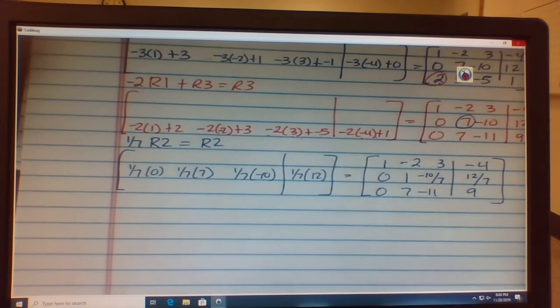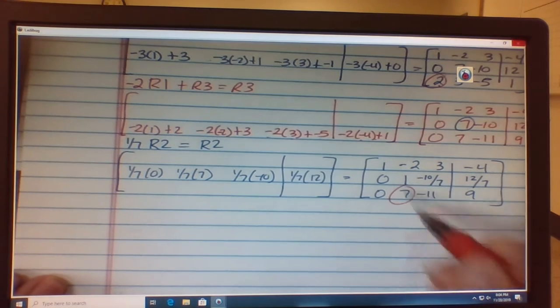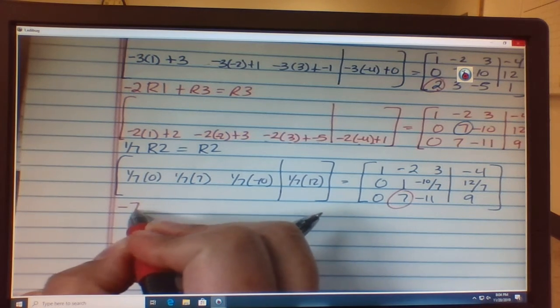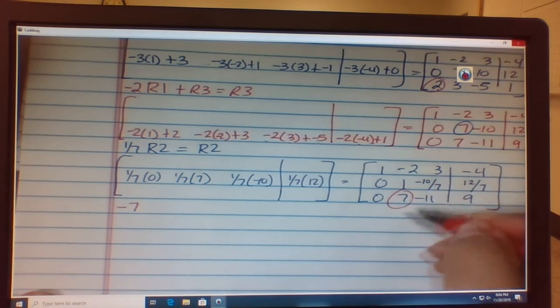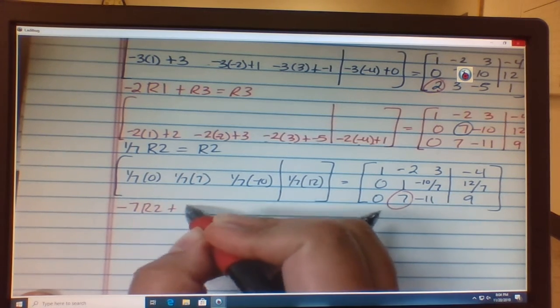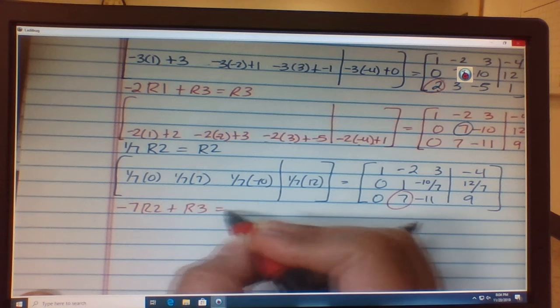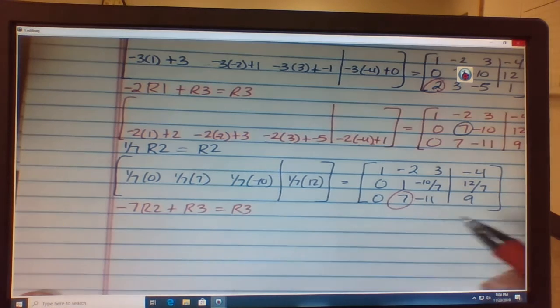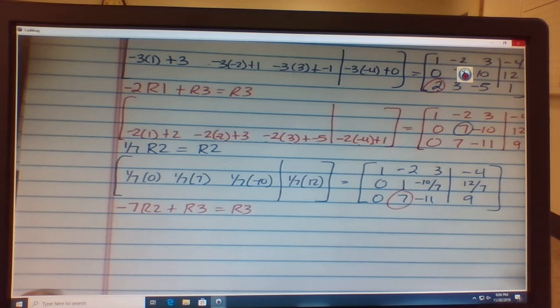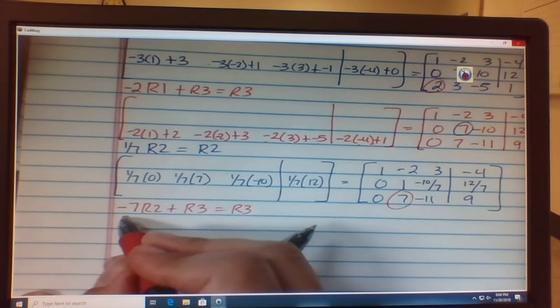I'm trying to make this a 0, correct? The opposite of that is a -7. Where is my 1 in that column? Row 2 plus row 3, because that's where you're trying to make that 0 in row 3. And that's going to be your new row 3.